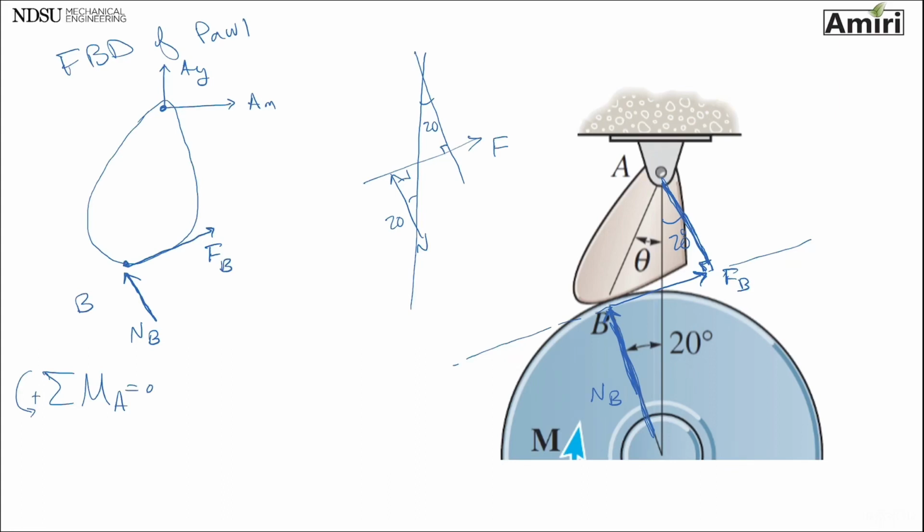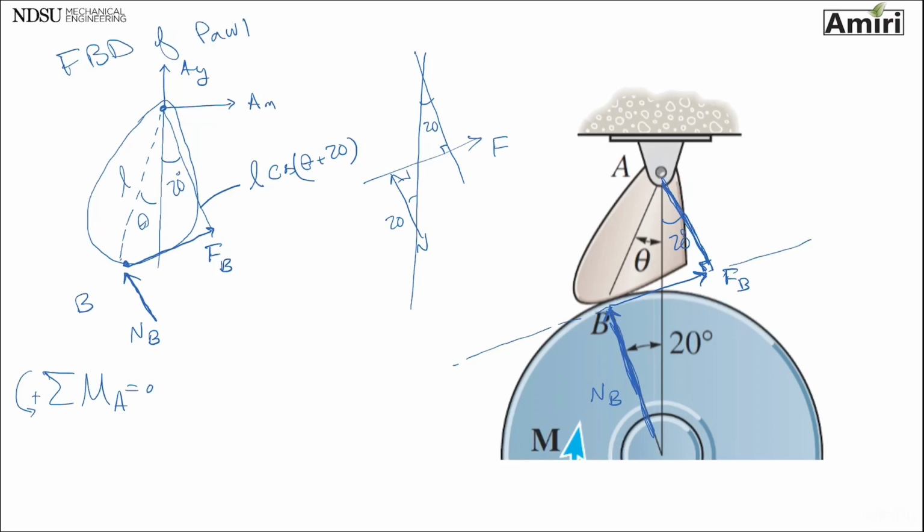So now let's see. If this length is whatever, I don't care, L, this is 20, this is theta. Now I think I can write equation of moment about point A. I have AX and AY, they go through it, I don't care. This length is going to be L cosine theta plus 20.